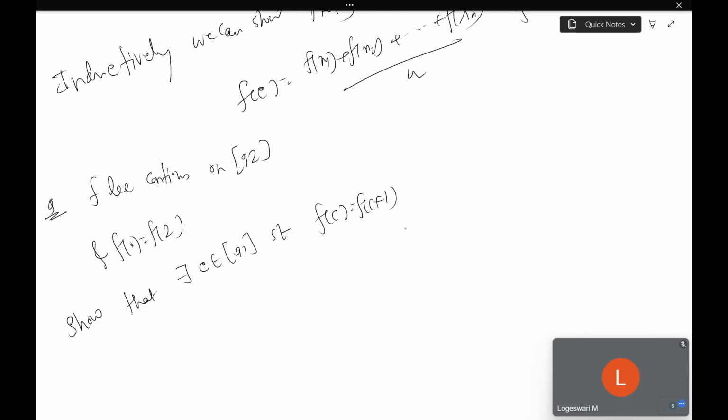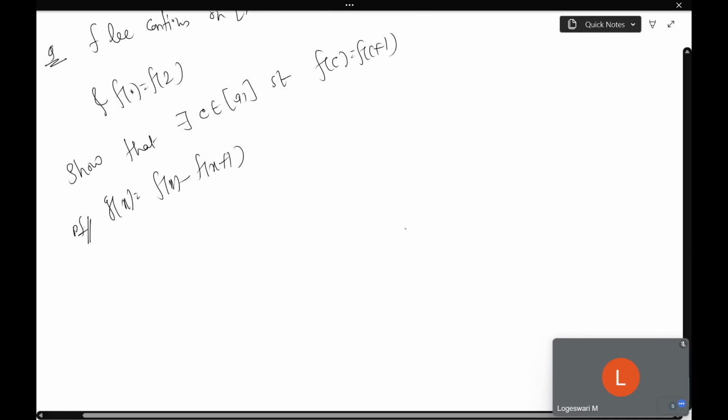So, as one may guess, here we need to choose a function g(x) equal to f(x) minus f(x+1).